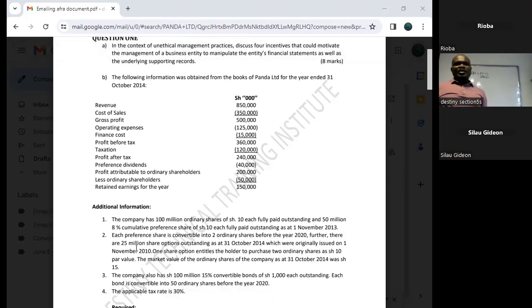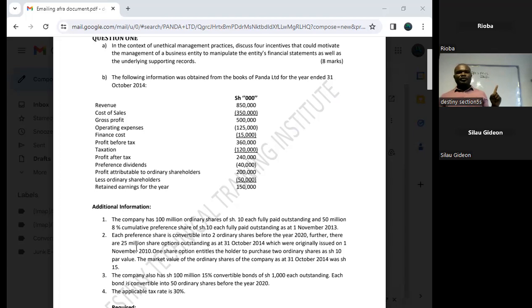Then in note 1, the company has an issue of 100 million ordinary shares of shillings 10 fully paid and outstanding, and 50 million 8% cumulative preference shares of shillings 10 fully paid and outstanding on 1st November 2013.